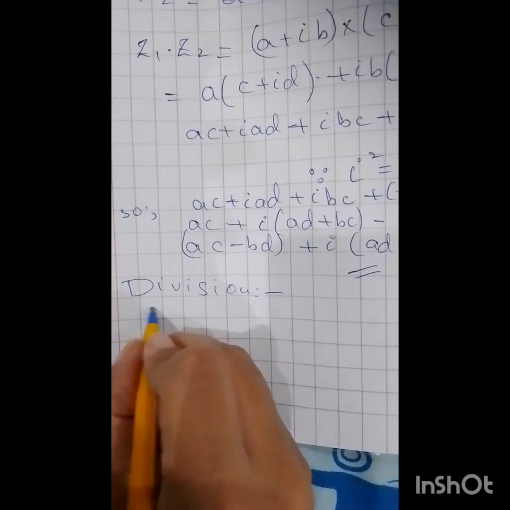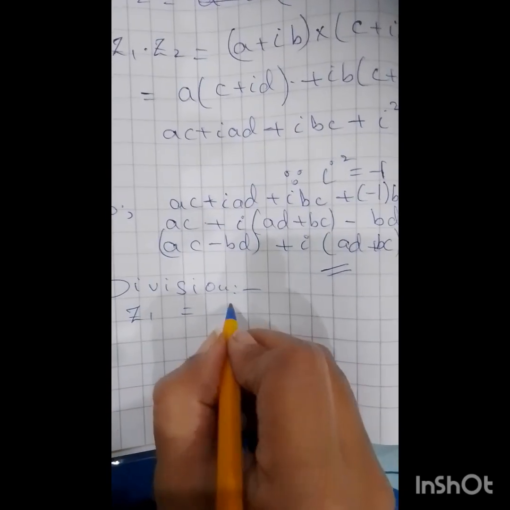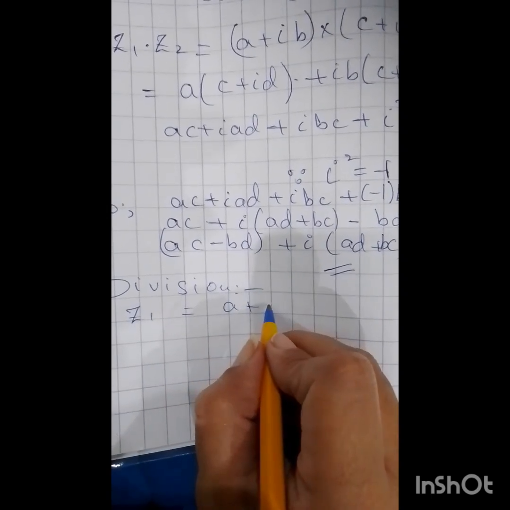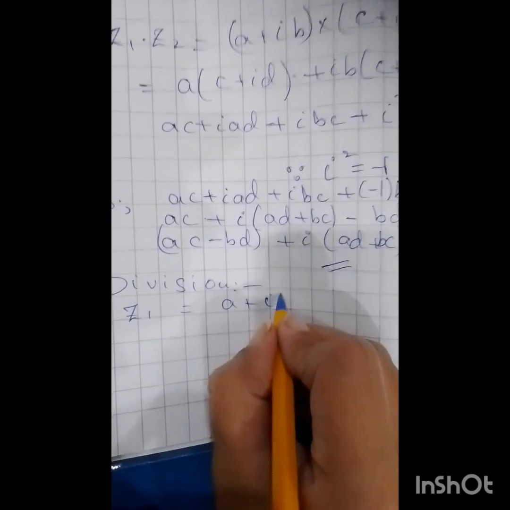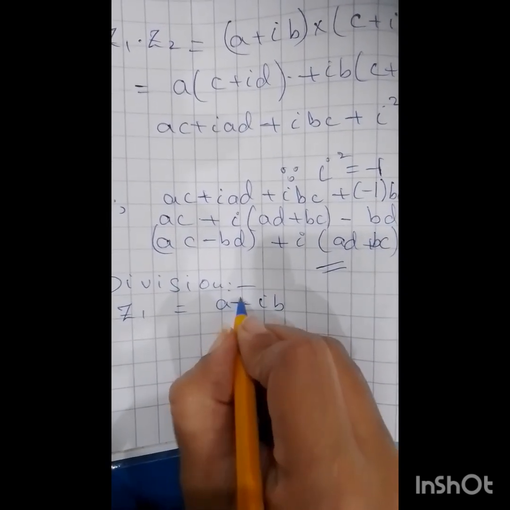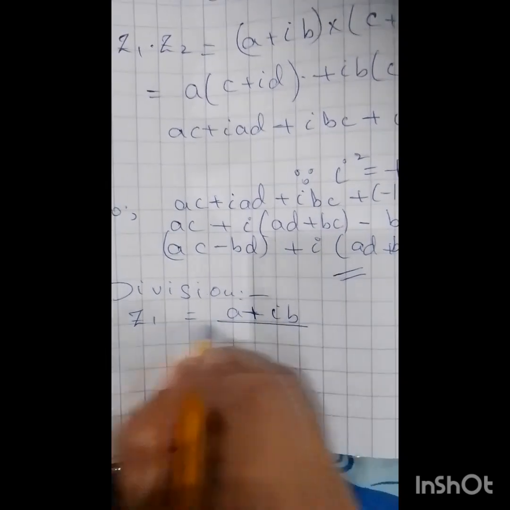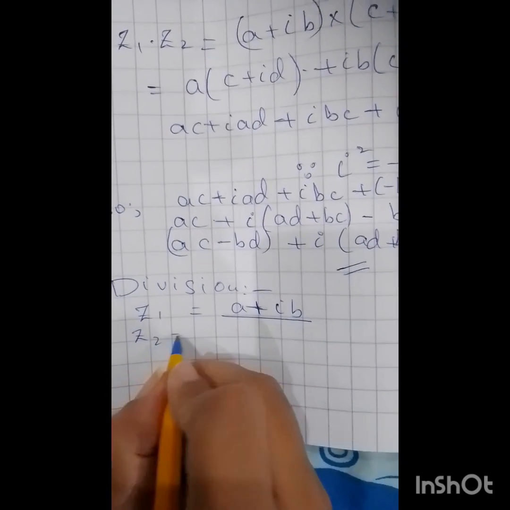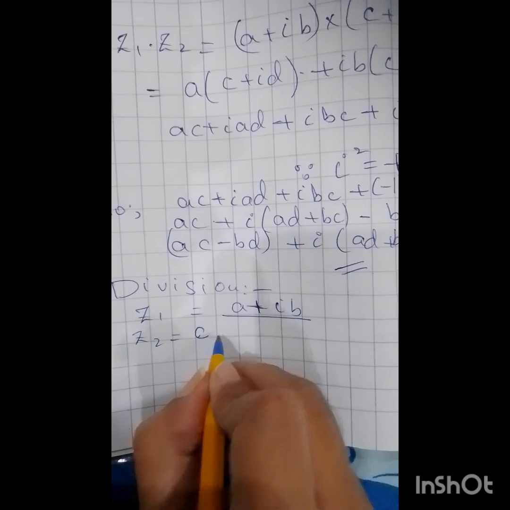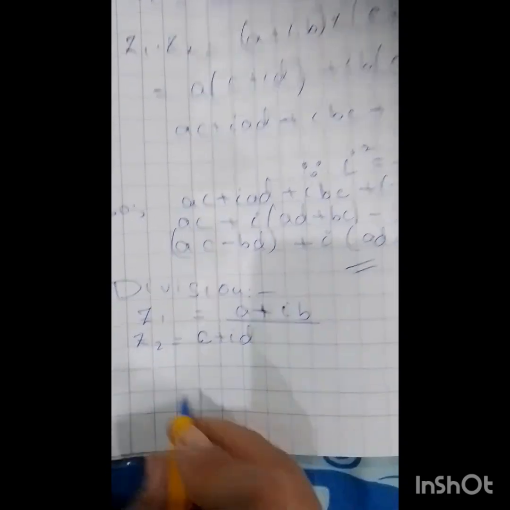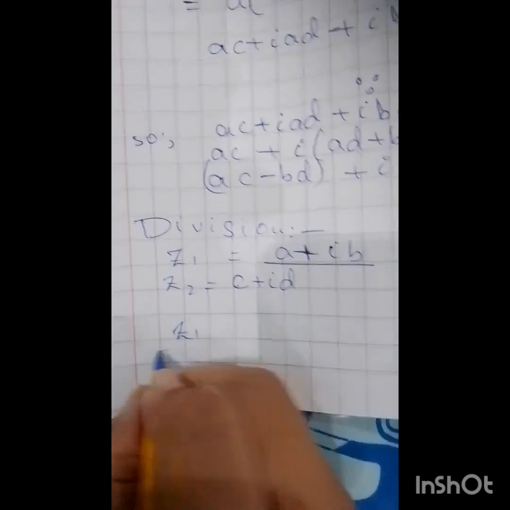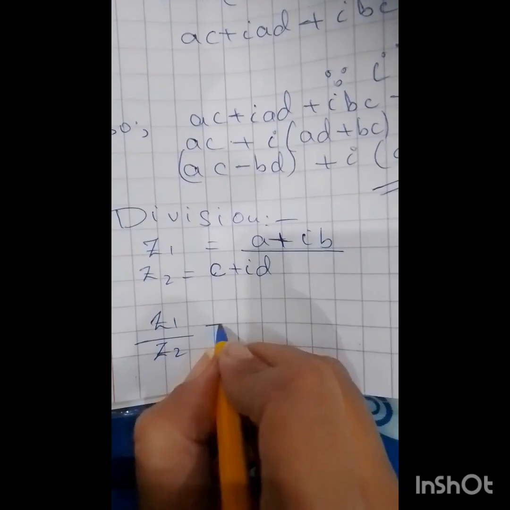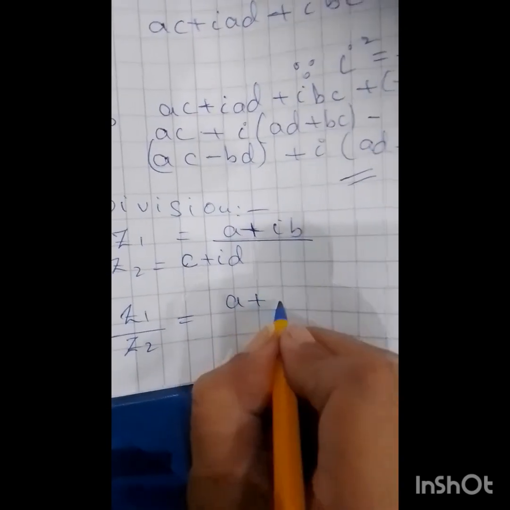Division has a little bit of difference: we take the conjugate in order to solve. z1 equals again a plus iota b, divided by z2, that is c plus iota d. Now this time we are going to divide z1 by z2, writing all the terms.